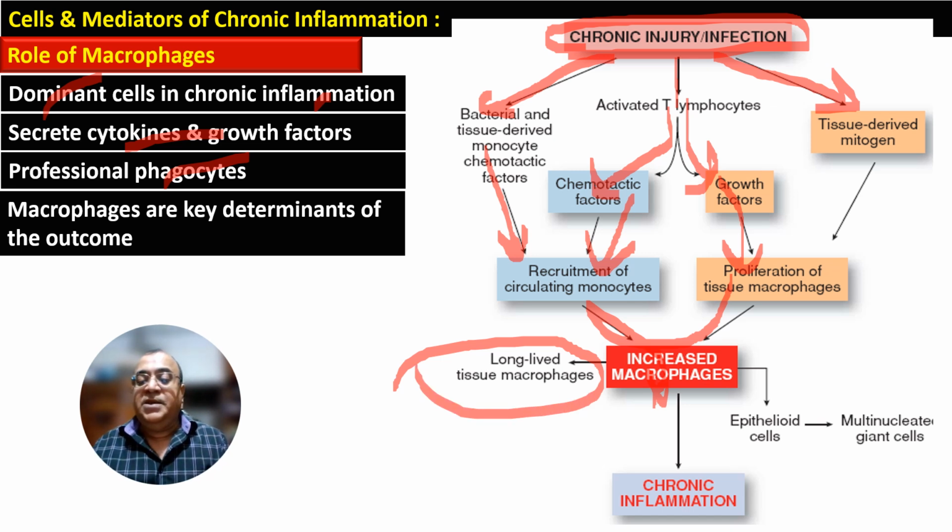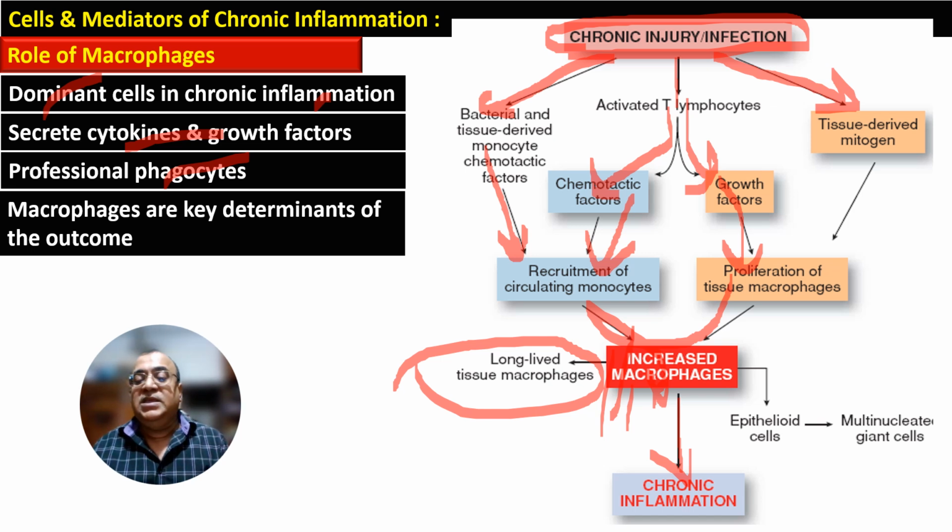So the final outcome is the chronic inflammation, and this chronic inflammation has got the major dominant type of inflammatory cell, that is macrophage.